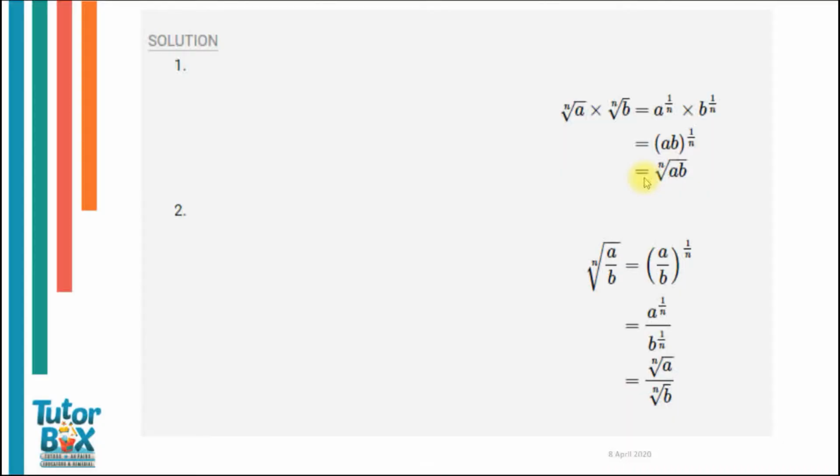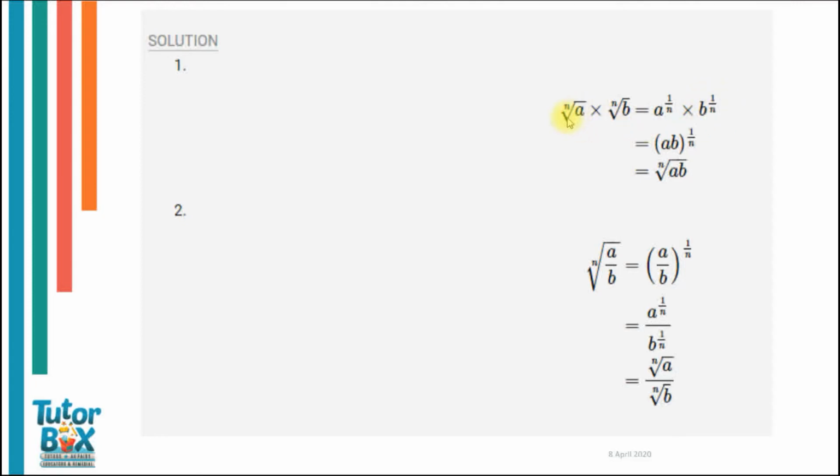So for the first answer, we have the nth root of a times the nth root of b. So we changed this part, right? So we already know the law. So this will become a raised to the power of 1 over n times b raised to the power of 1 over n. Okay, and then I see that these are being raised to the same exponent, right?